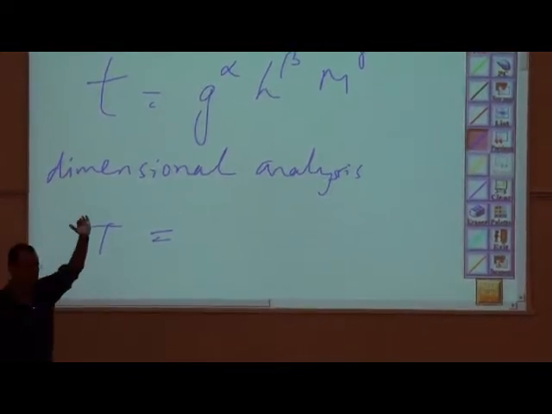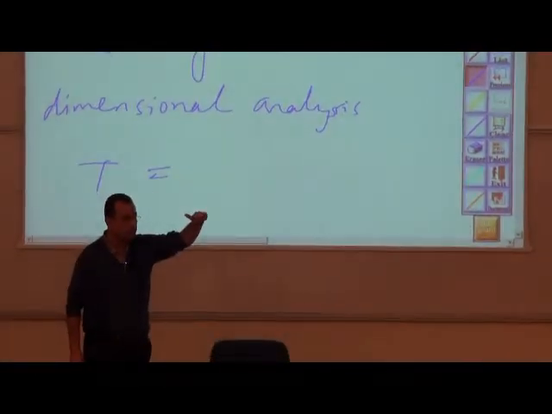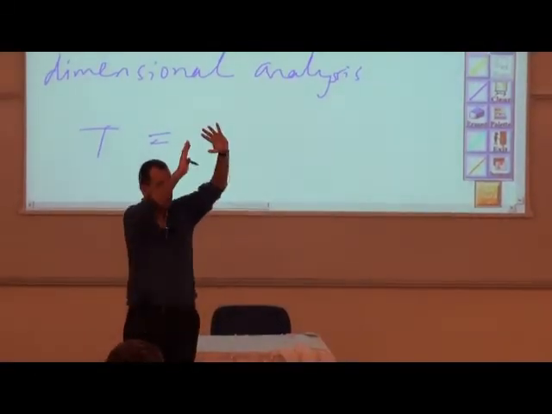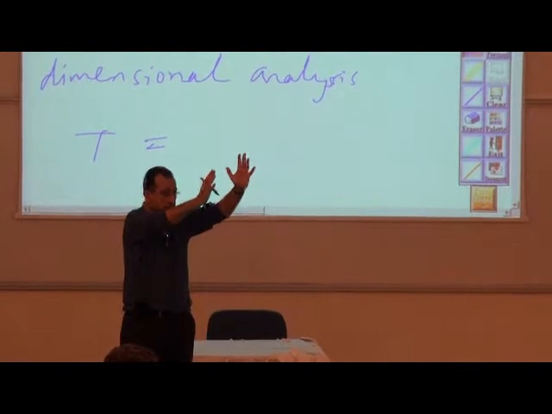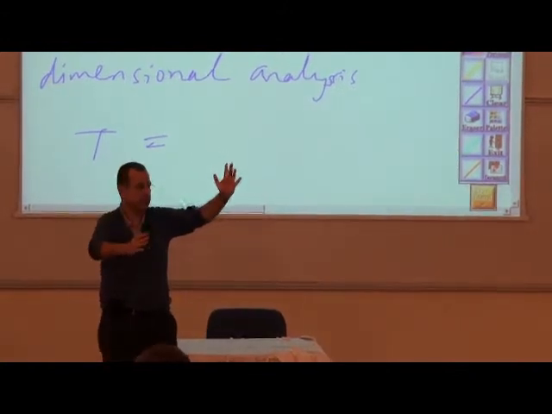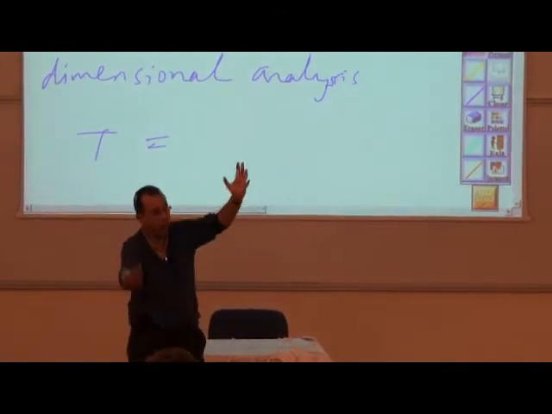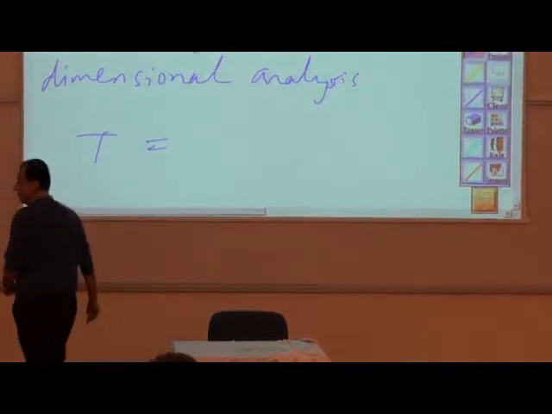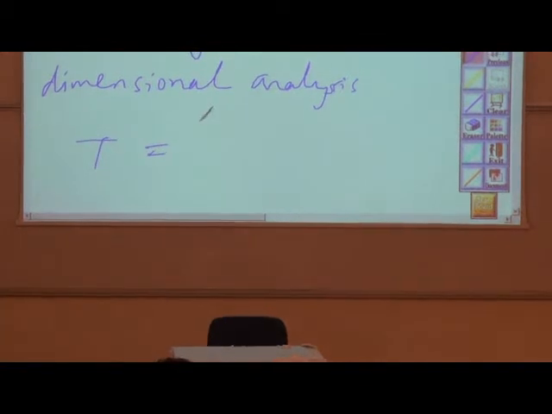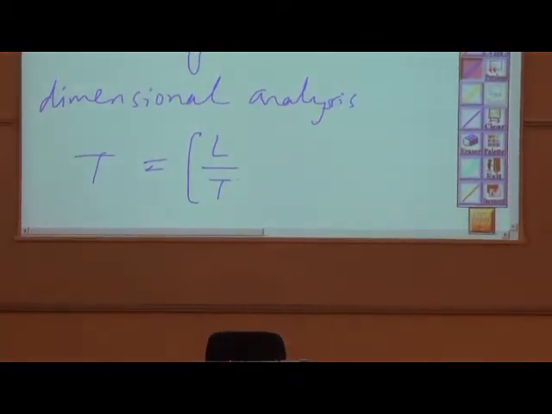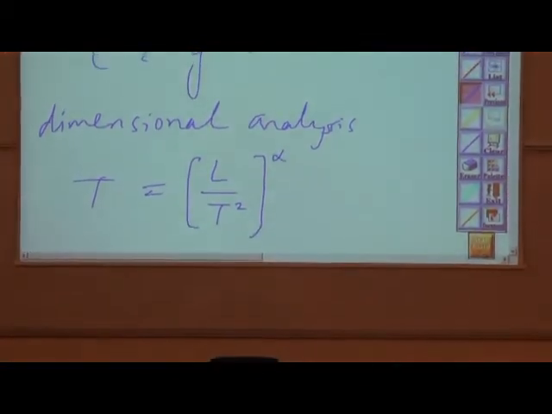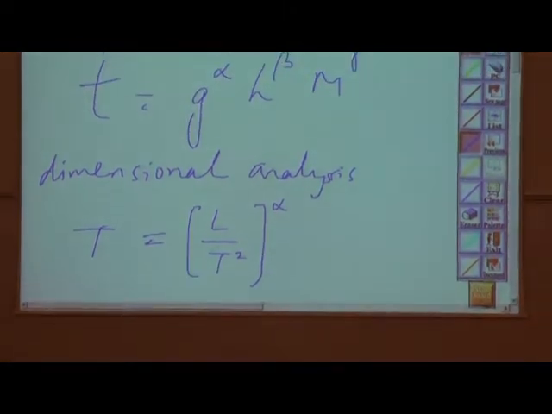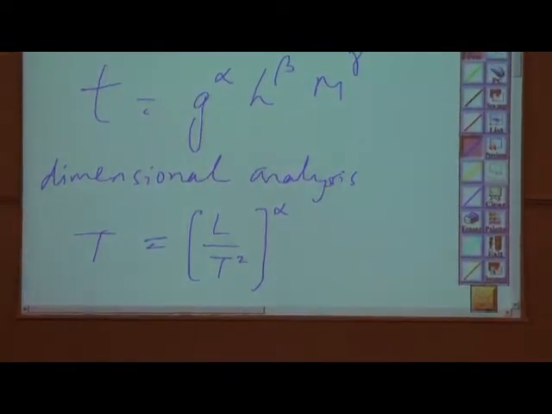Velocity is length over time. Acceleration is length over time, over time again, right? Because how much does the velocity change per second? Is this clear? Okay, so I put here L over T squared to the power alpha, okay.